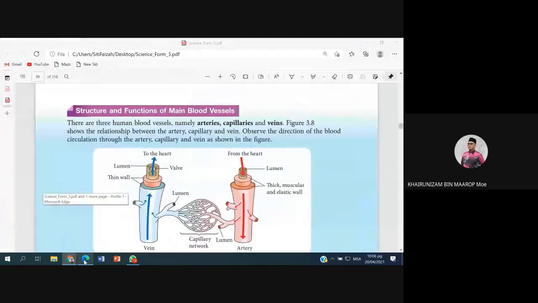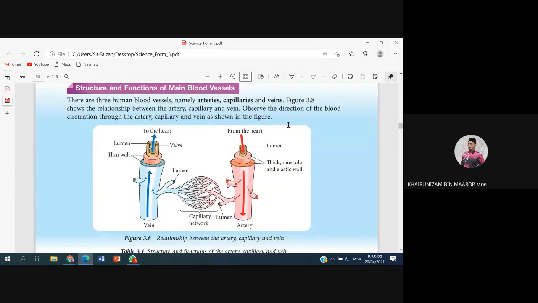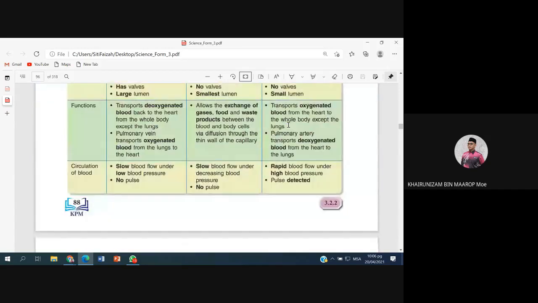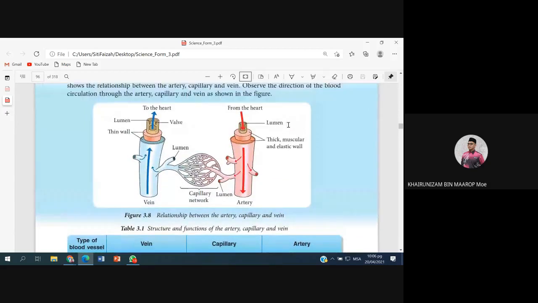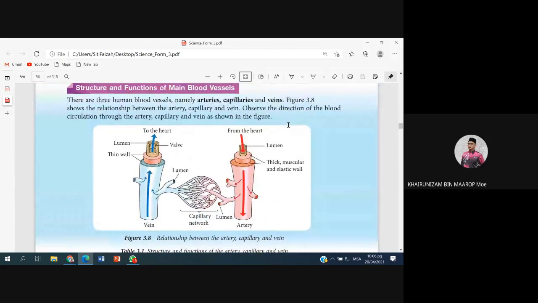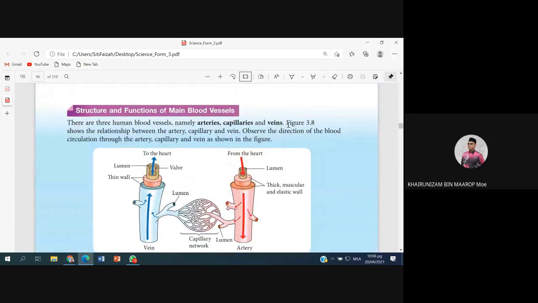Today we continue our lesson about the structure and function of the main blood vessels. You can refer to your textbook, page 88, or refer directly from your screen, your handphone or your laptop maybe.